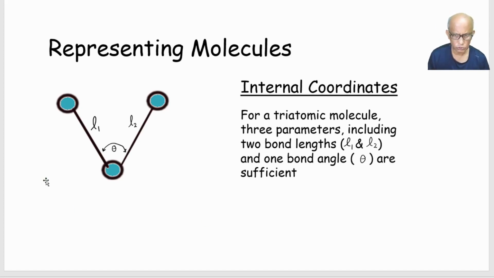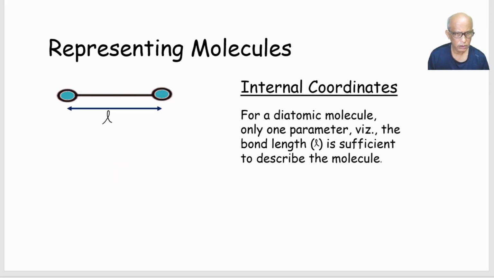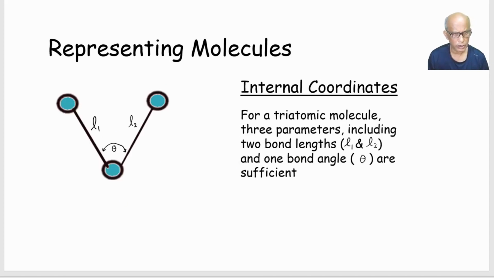Again, to refresh ourselves quickly, for a diatomic we just have a single parameter, the bond length L. For triatomics we have three parameters: two bond lengths L1 and L2, and the bond angle theta between them, which specifies how one of the bonds is oriented with respect to the other. So these three parameters are necessary as well as sufficient to describe a 3-atom molecule.